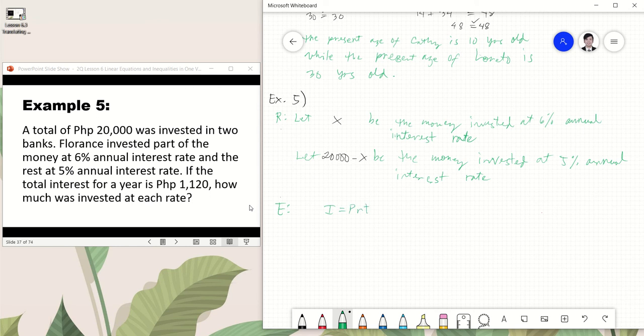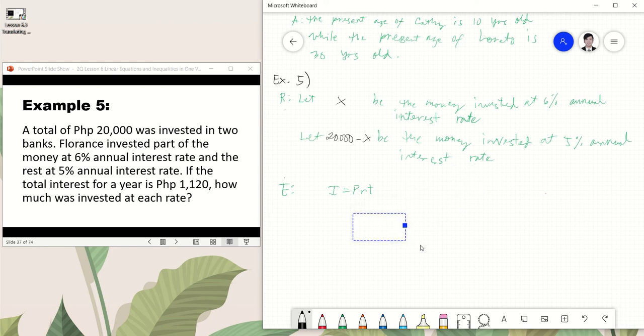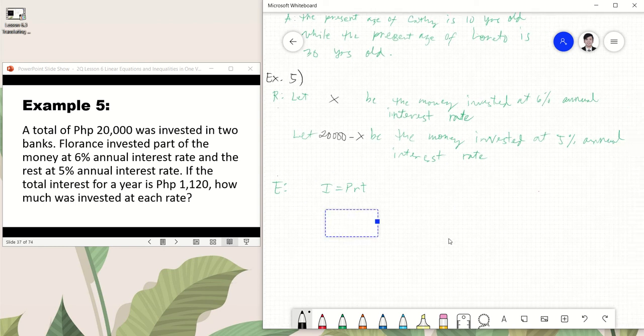Kasi ito yung formula para makuha yung computation for interest. So you need to make, we are encouraged to make a table. Okay, table. So maglalagay lang tayo ng table. Kailangan natin ng table dito.